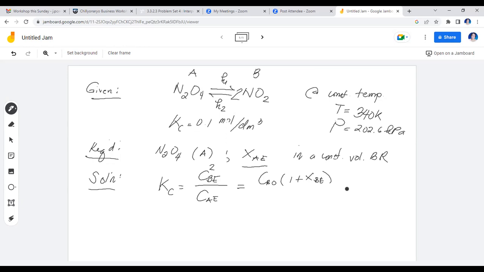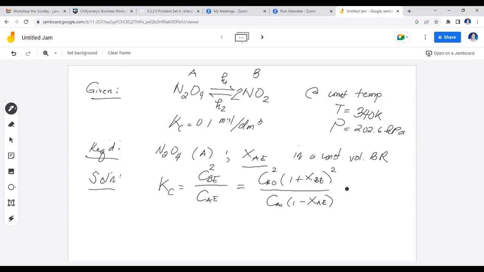Since this is squared, you have to write this as squared, and this also should be squared. Your CAE will be CAO times 1, now it's a reactant, so minus XAE. So we are actually after this XAE here. So we now have a working equation that has the XAE because your equilibrium constant was given in the problem.